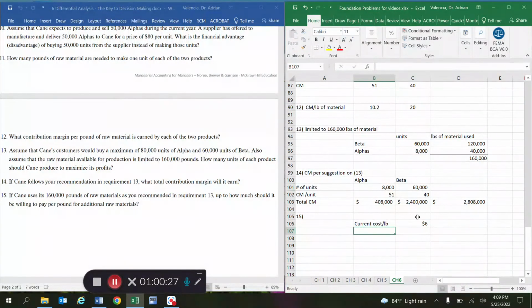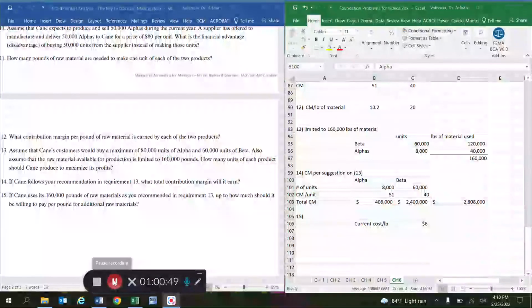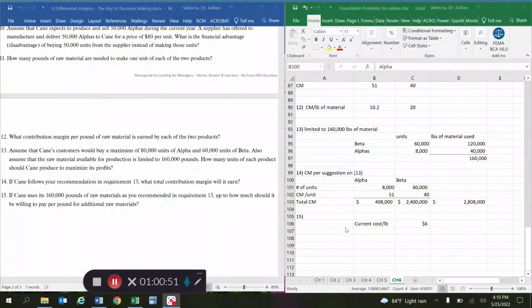Okay, and since I'm maxing out on this one, then the analysis that I need to do really is based on the amount related to alpha, because that's the one I have now a limitation on. Or in other words, another way to look at it is, you're going to add on the contribution margin of the lowest one.